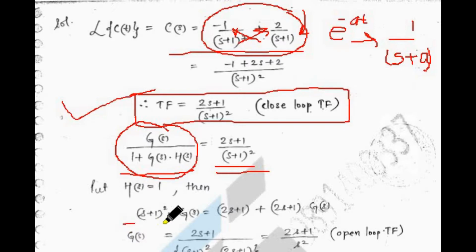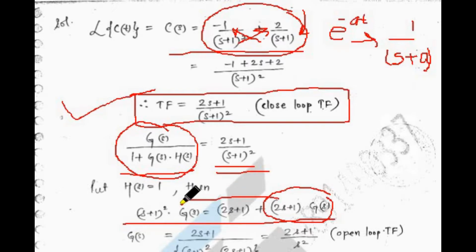After cross multiplication, I am transferring the 2s plus 1 g of s term to the left hand side, taking out g of s as common, and transferring all the remaining part towards the right hand side, right, understood.